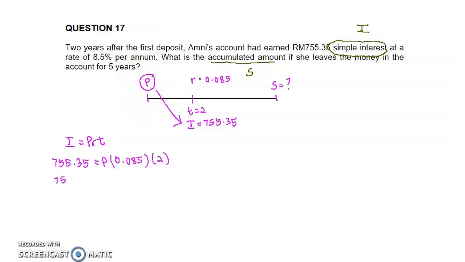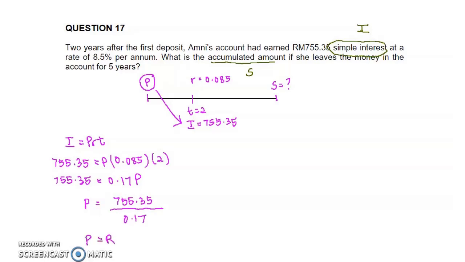So 755.35 equal to P multiplied by 0.085 multiplied by 2, we will get 0.17 P. So P equal to 755.35 divided by 0.17.